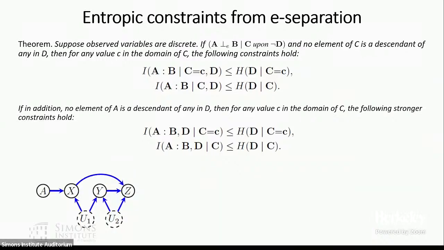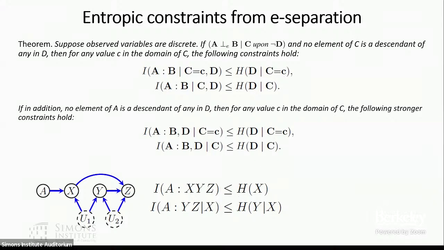On the other hand, we can also look at a different example. Now you see that instead of having an edge here, we have this edge, and we still have two confounders. We can identify what the separation relations are here, and we will observe these two inequality constraints. Now, if you were to run a quantifier elimination algorithm, you'll get this constraint as well. So you can see that the first one that we get here can be strengthened to this form.